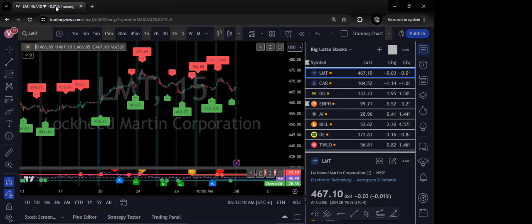So that's what you're doing for stocks. LMT is there. It's giving us new ones. So this is the list when you go to Discord, not Weibo.